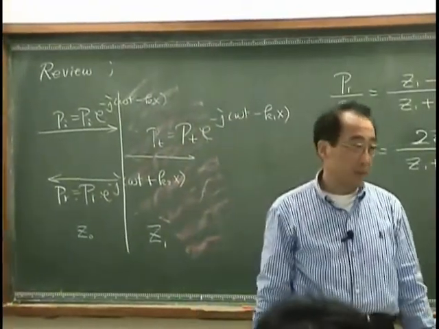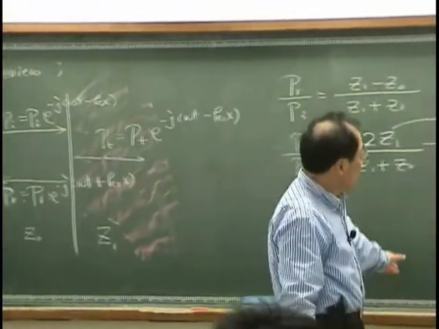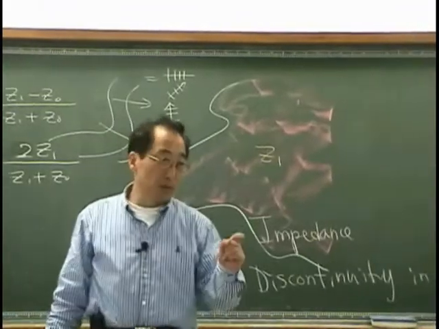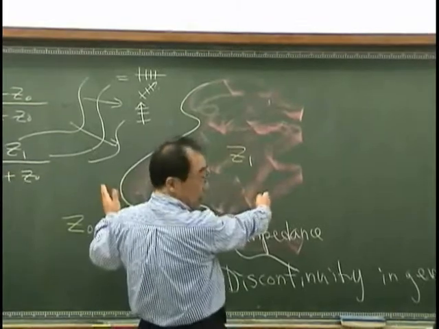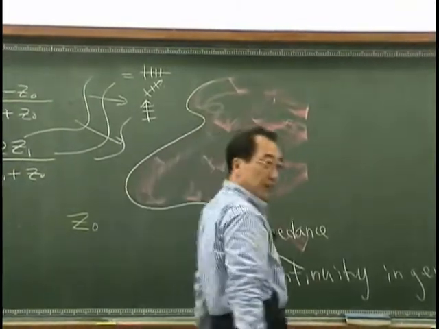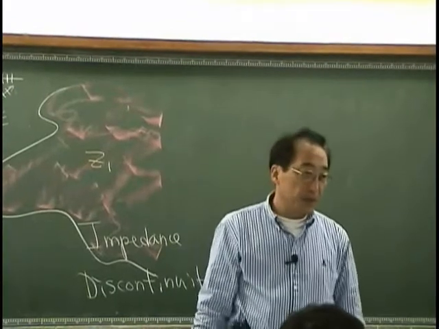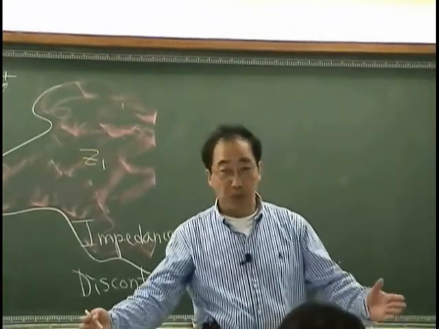Certainly possible. For example, this kind of discontinuity is 1 millimeter. I mean, from here to there is 1 millimeter. And the wavelength we are considering is, for example, 100 hertz. Then the wavelength is what? 3 meters.